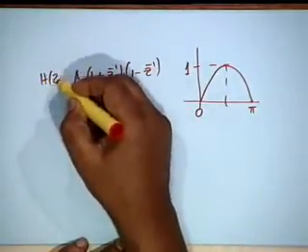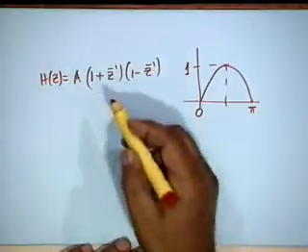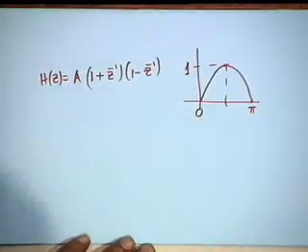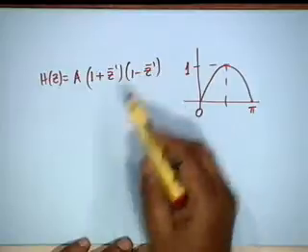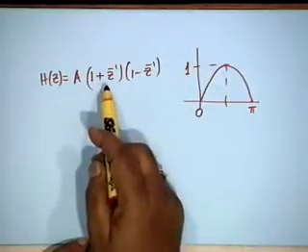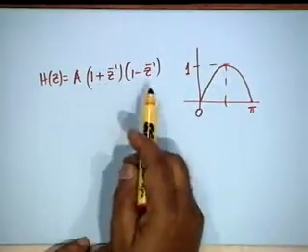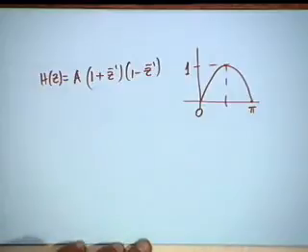Suppose I take a function like this, then obviously at omega equal to 0, that is z equal to 1, it is 0, z equal to minus 1 it is also 0, and where does the maximum occur?